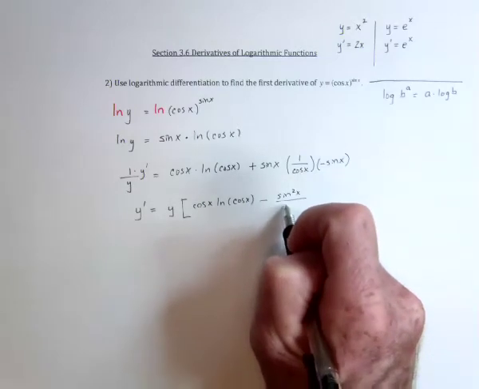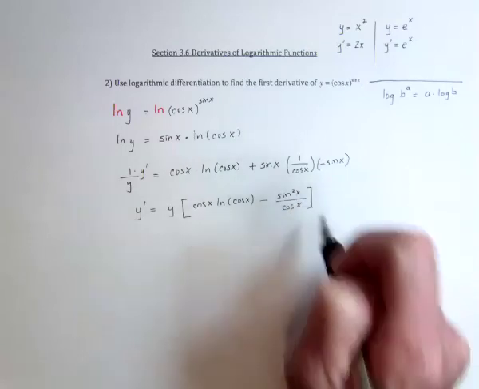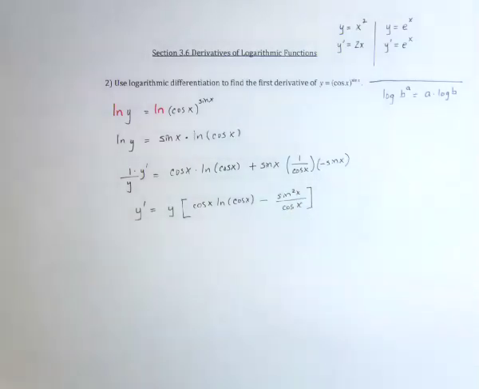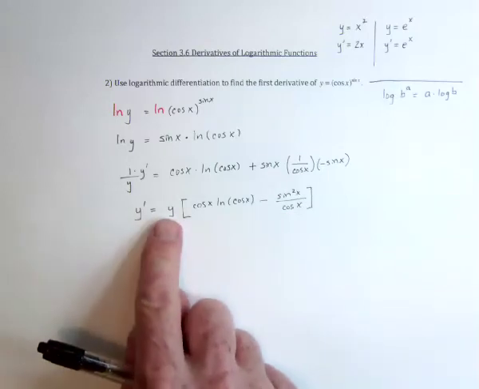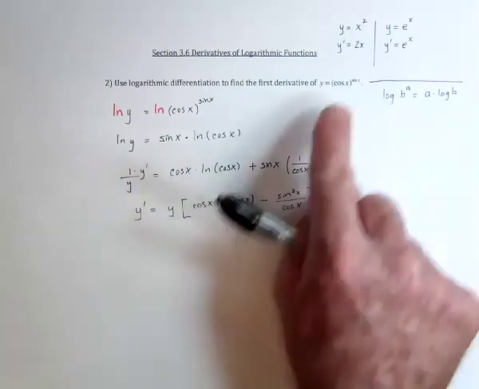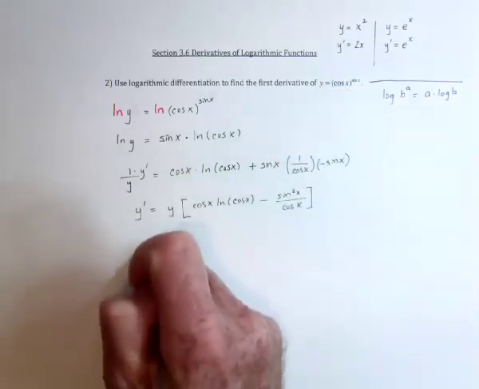And the cosine of x is the denominator. And these two don't really need to be combined, so you can just leave it like that. One thing that I do need to finish with is, this says y is supposed to be right here, so go back to what y is equal to and substitute it in, and then we're done.